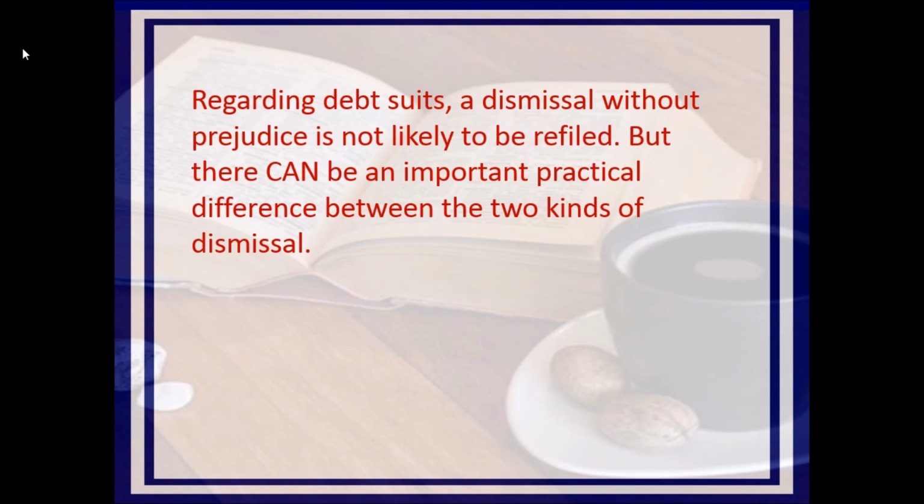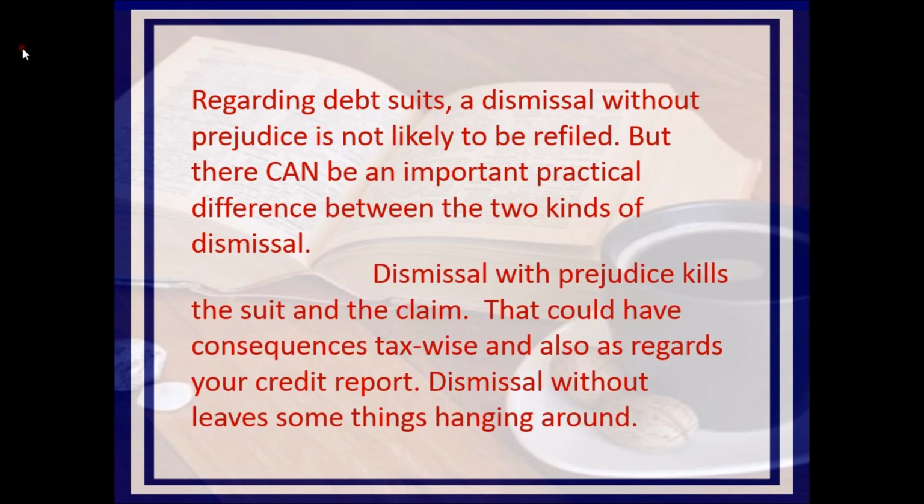But there can be important practical distinctions between the two kinds of dismissal, even in debt cases. Dismissal with prejudice kills the suit and the claim. That could have consequences tax-wise and also as regards your credit report. Dismissal without prejudice leaves some things hanging around.